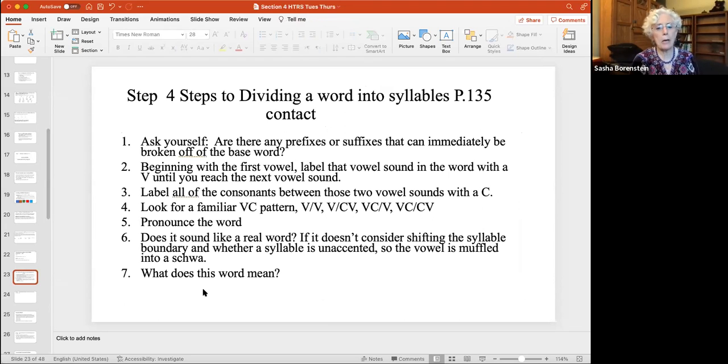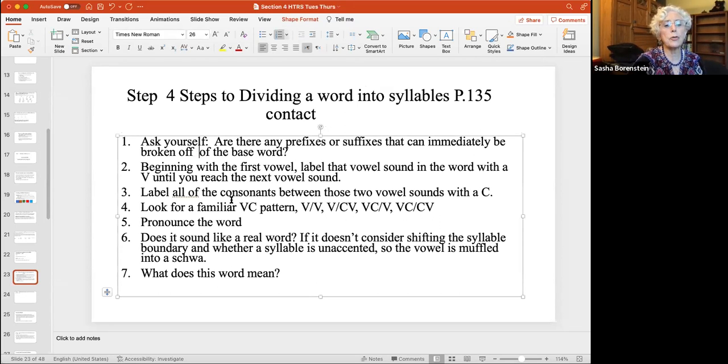So we talked about boundaries, and then we want to have different lessons for saying, so what are the steps to breaking a word up into syllables for any word that you come across that you don't know. And these will, if you've done lessons about syllable boundaries and then you do these steps to dividing, it's really pretty simple.